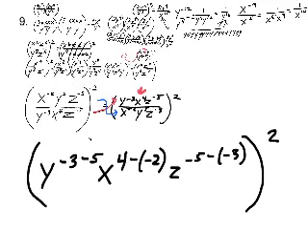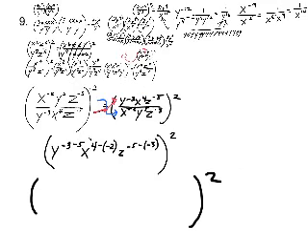Okay, so now we'll solve those. So y to the negative 3 minus 5 is y to the negative 8. X to the 4th minus a negative 2 is 4 plus 2, x to the 6th.